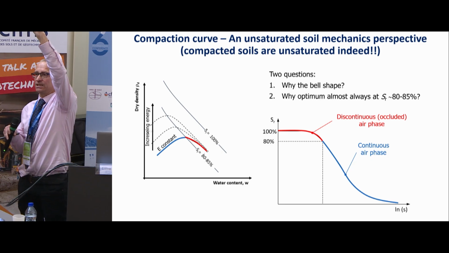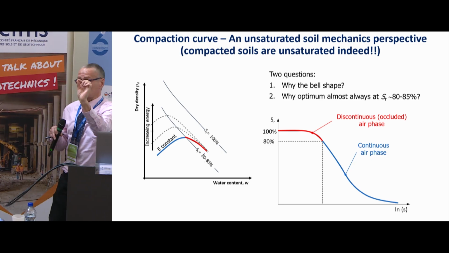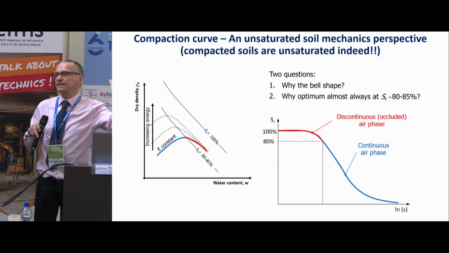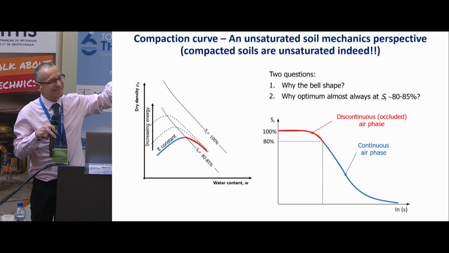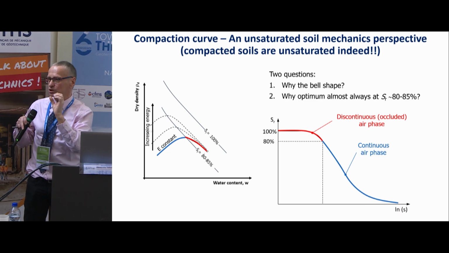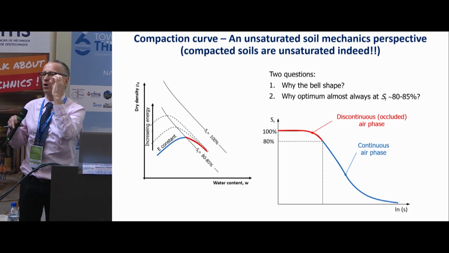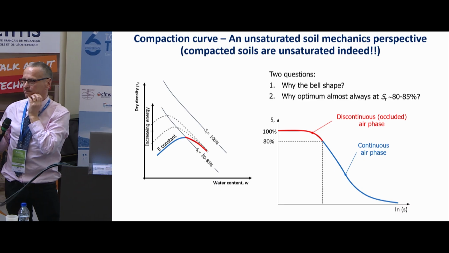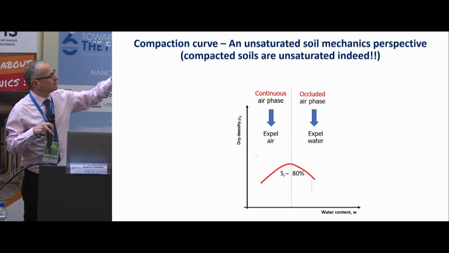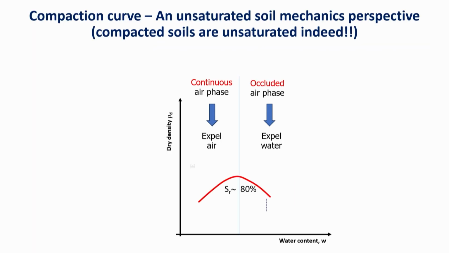So if you're sitting on a point at the top, you can follow a path through the air and go to the bottom. Whereas when you are on the red part, when the degree of saturation is relatively high, the air is discontinuous. So the air is present, if you wish, in form of occluded cavities. So let's revisit that compaction to see what is the consequence on the mechanism of densification of the material.